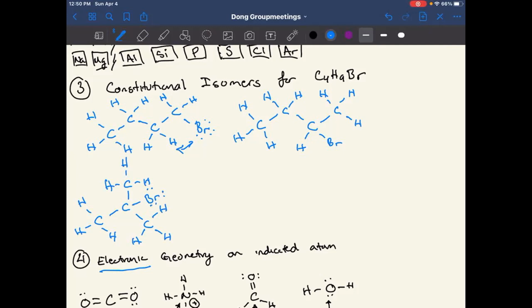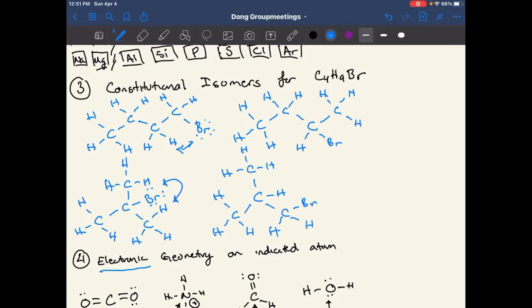Of course, like I said before, the easy switch is just switching this bromine with a hydrogen. This will then give you a very similar structure. So these are the 4 structures you can get from this condensed formula.